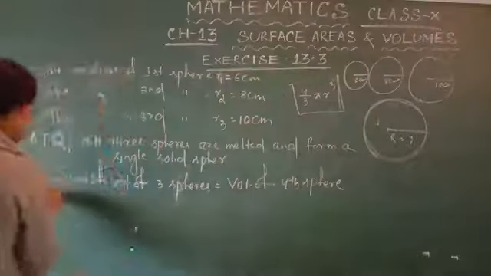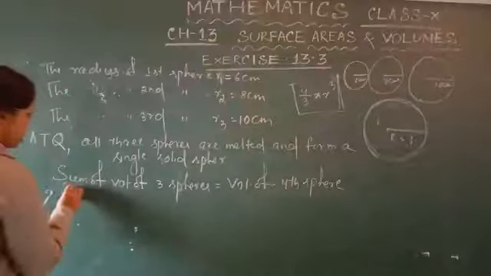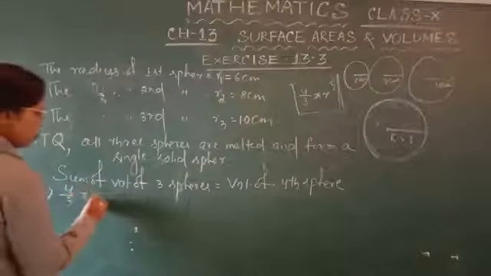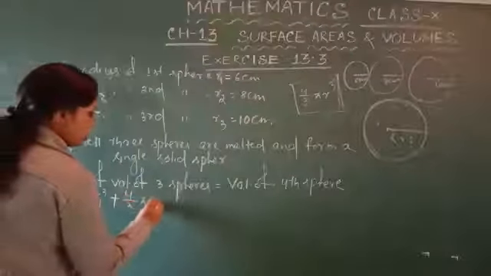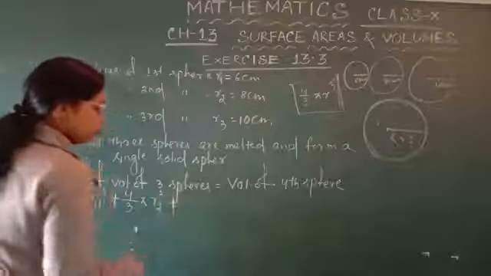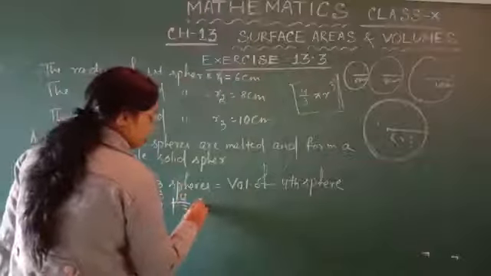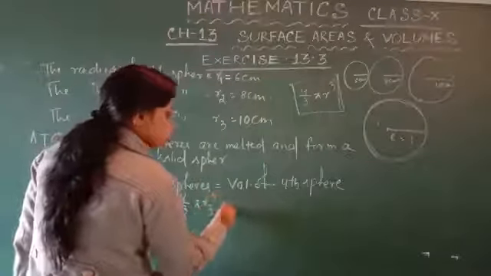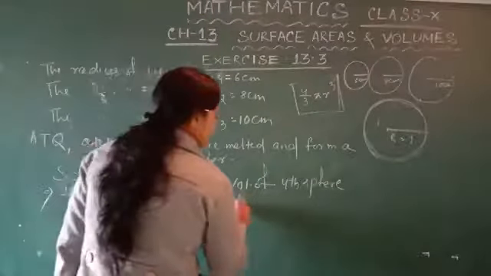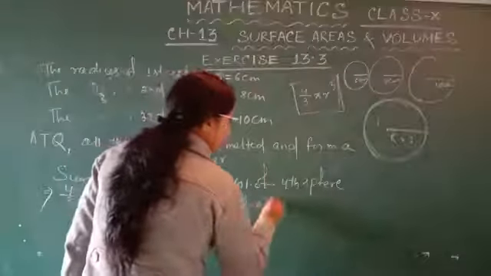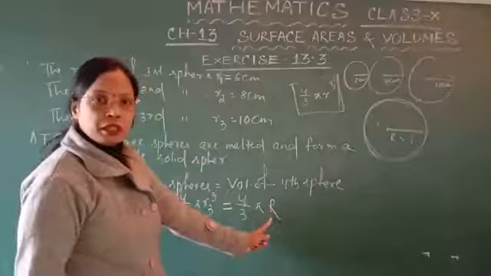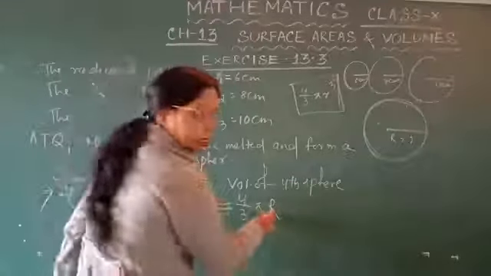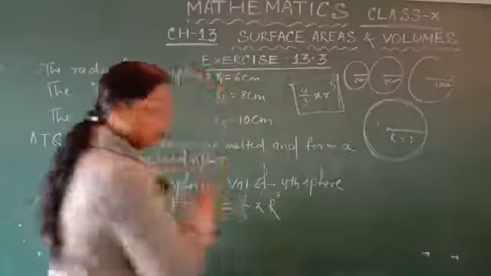This implies 4 upon 3 pi r1 cube plus 4 upon 3 pi r2 cube plus 4 upon 3 pi r3 cube is equal to 4 upon 3 pi, and let the radius of the fourth one be capital R, that is R cube.